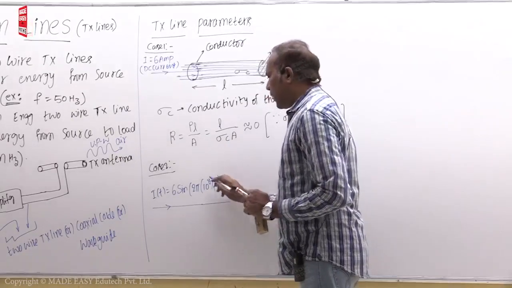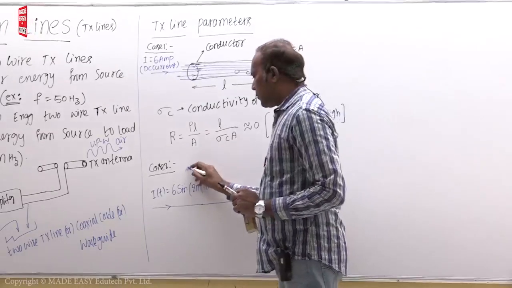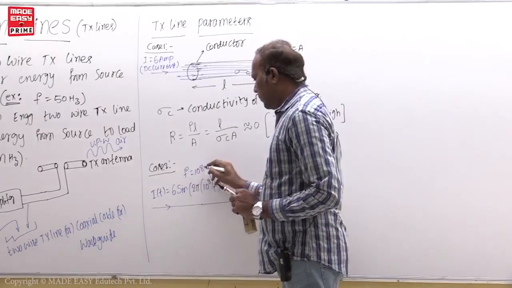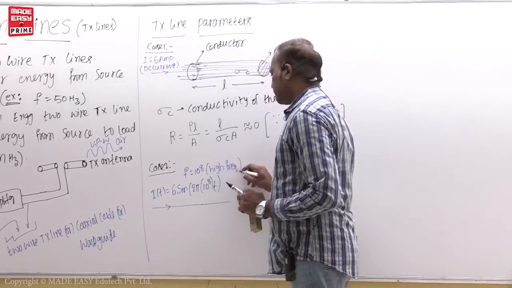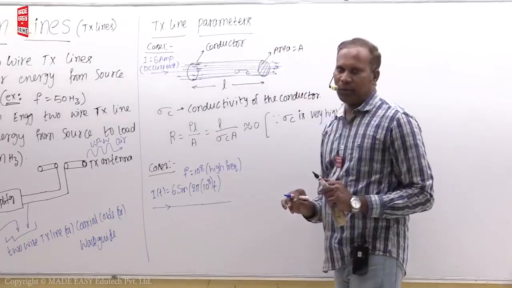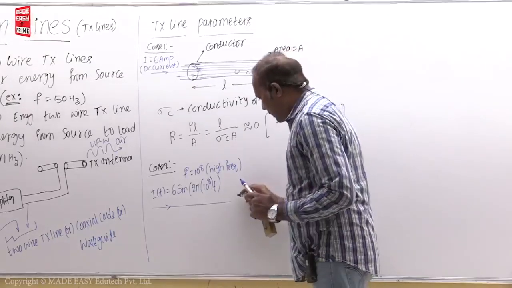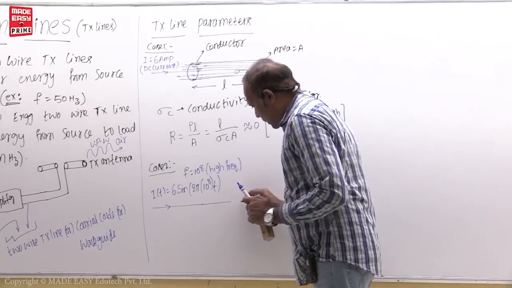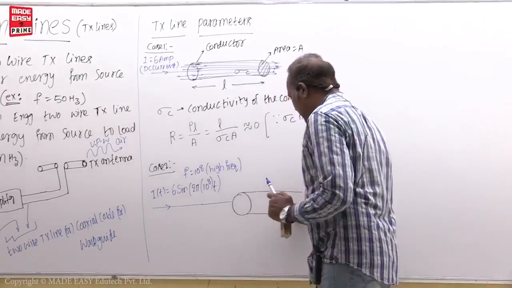That means you are sending a high frequency signal here. So frequency is 10 to the power 8. This is a high frequency signal we are sending through the conductor. Now what happens if you send a high frequency signal? Here, this is the conductor.